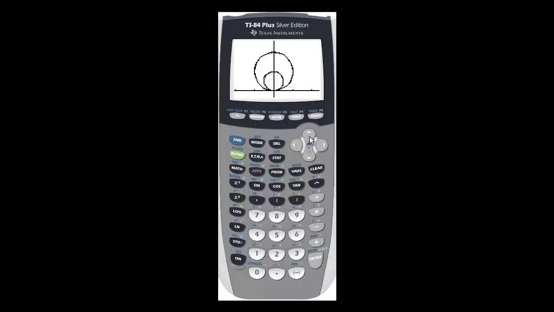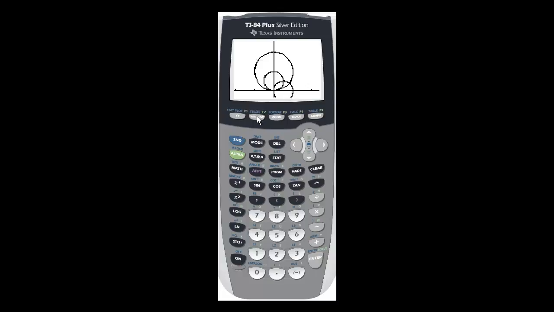And what if we made that r equals cosine theta? So we'll type cosine theta. And according to our book, this should also be a circle, but notice that it's a circle about the x-axis.